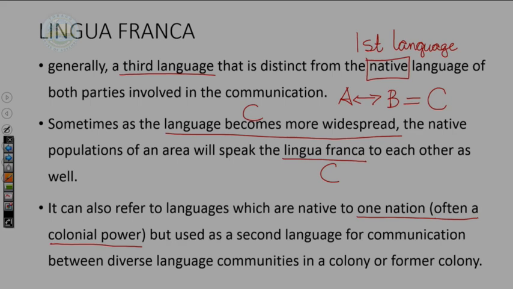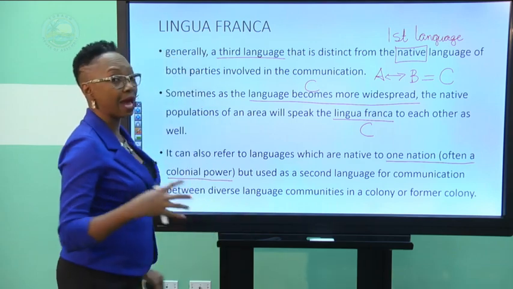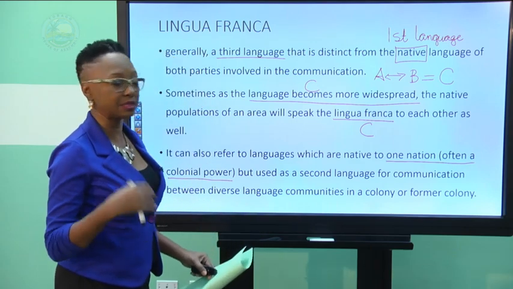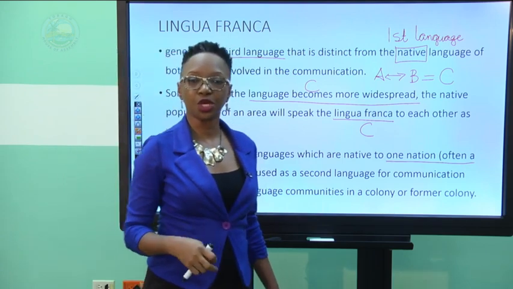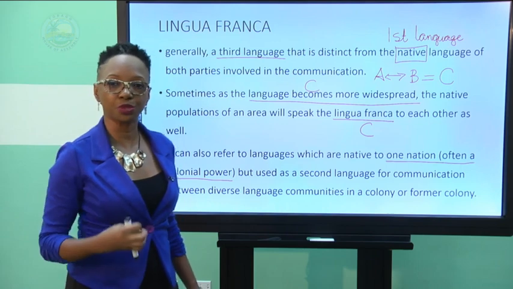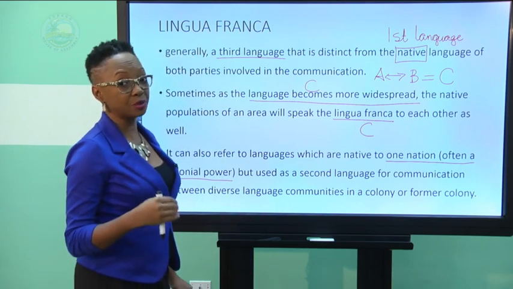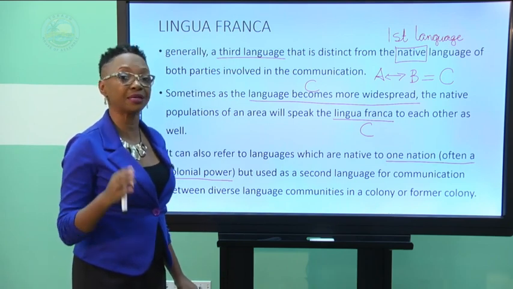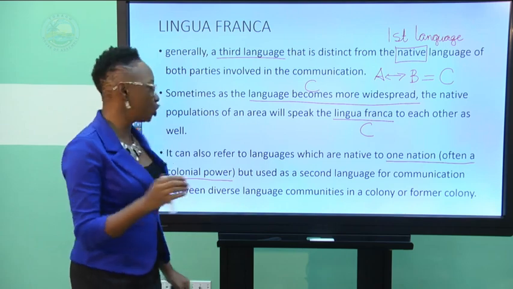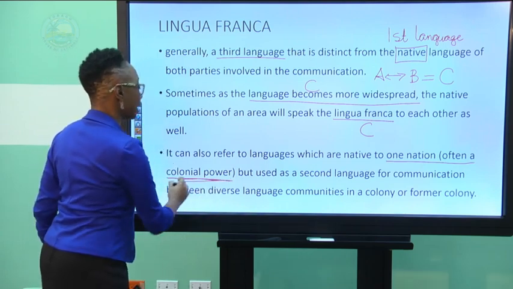For example, within our country, Trinidad and Tobago, we had different colonial powers. We've had ownership by the French, by the Spanish, by the British. In Tobago specifically, there's been ownership for a particular period by the Dutch. And all of these European colonial powers brought with them their language.